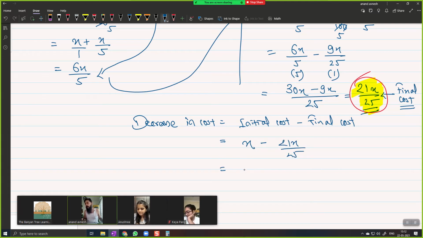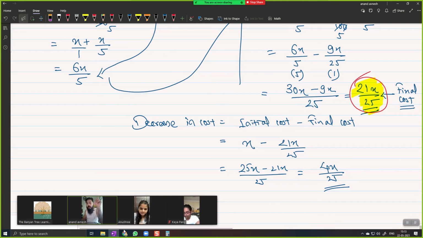Then you take the LCM, so it becomes 25x minus 21x by 25. Subtract 25x minus 21x, so 4x. 4x by 25. This is the decrease in cost.